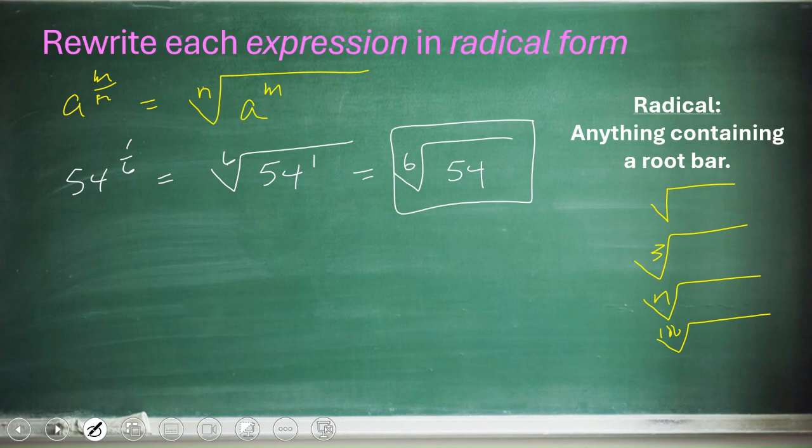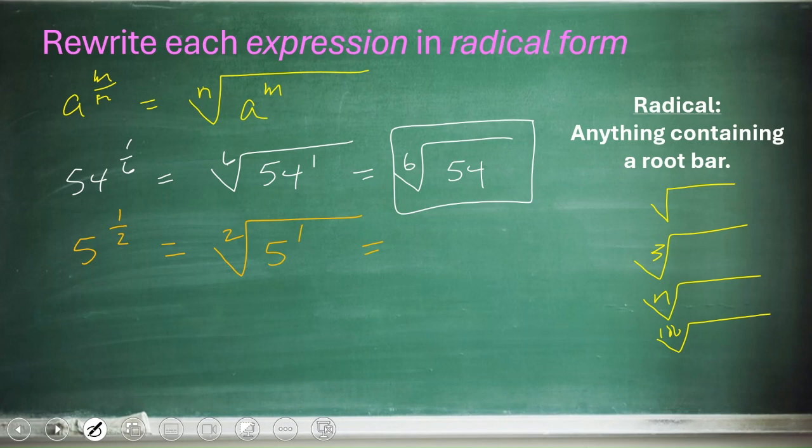All right, let's try another. We have 5 to the power of half. All right, that 2 goes in the check mark, the 5 goes under the root bar, and we have a power of 1. Now, this is an exception to the rule, and that is because this is the most common type of root.